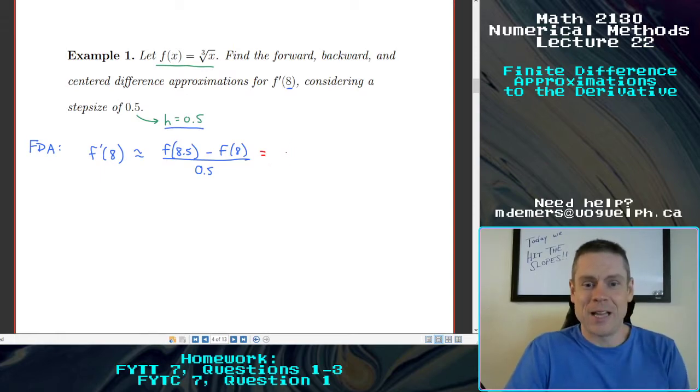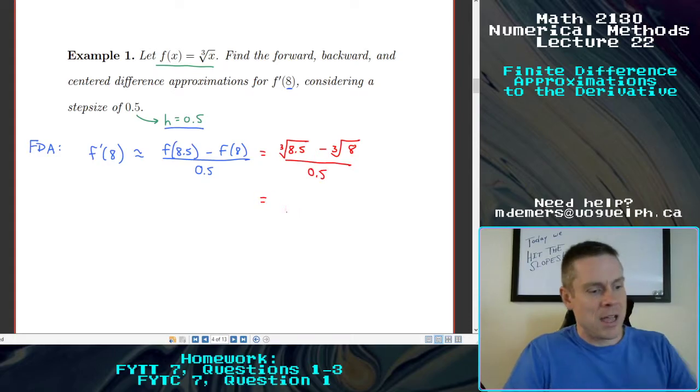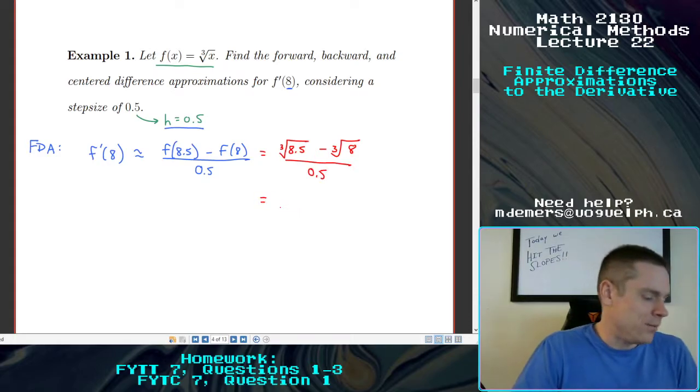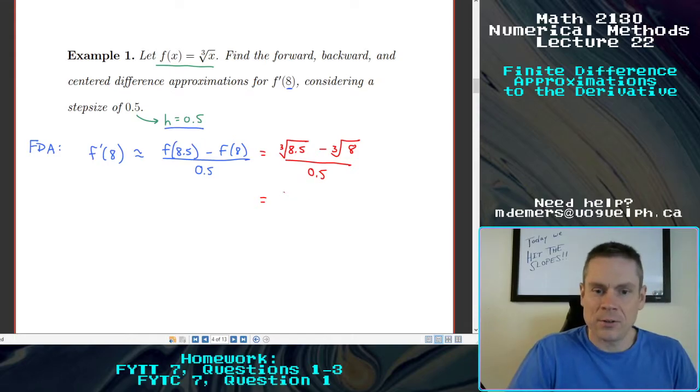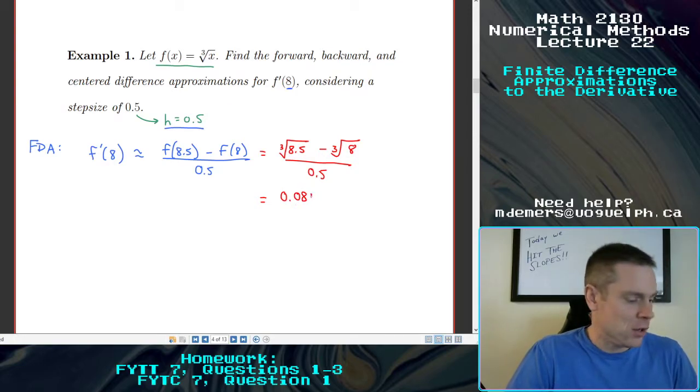Well, I mean, it's the cubed root of 8.5 minus the cubed root of 8 all over a half. And if you work this out, I did it to a bunch of decimal places. It's not really the point to worry about this right now, but with a forward difference approximation scheme, we get about 0.0816551.